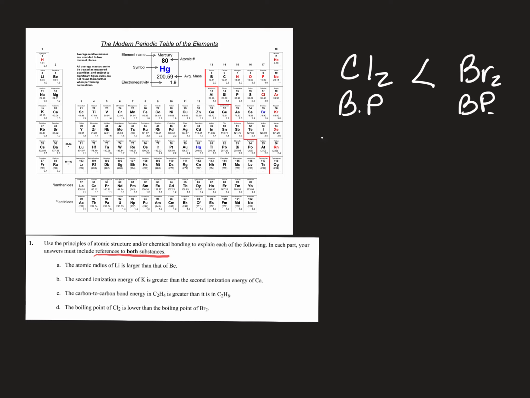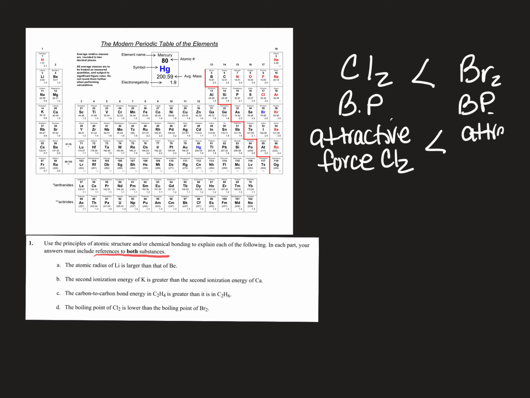So that means the attractive force for Cl2 is less than the attractive force in Br2, right? And that comes directly from the fact that they're telling us that the boiling point is less than or lower than that of the boiling point of bromine.